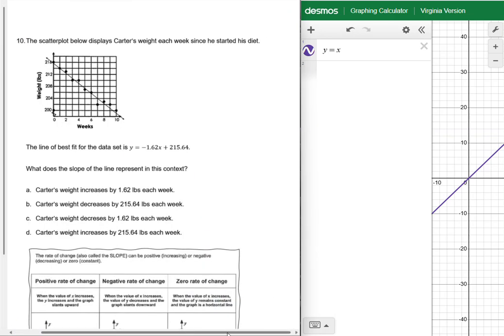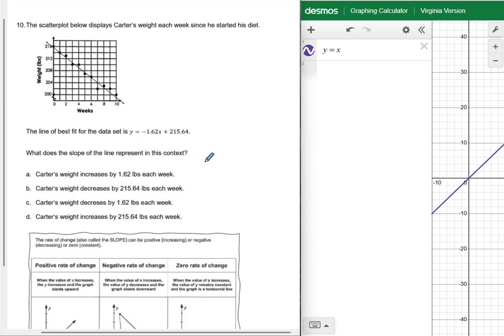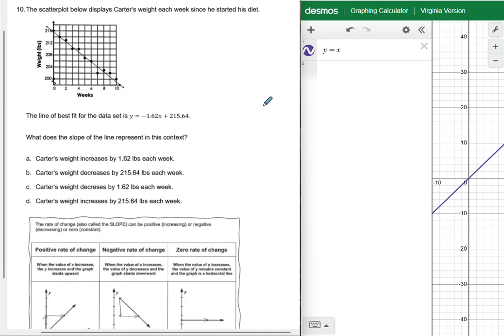All right, number 10. The scatter plot below displays Carter's weight each week after he started his diet. Here is the graph and then the line. The line of best fit for the data is right here, so they already give it. Whenever you have the line of best fit, there are two numbers: your slope, the rate of change, and your initial value, which is your y-intercept.